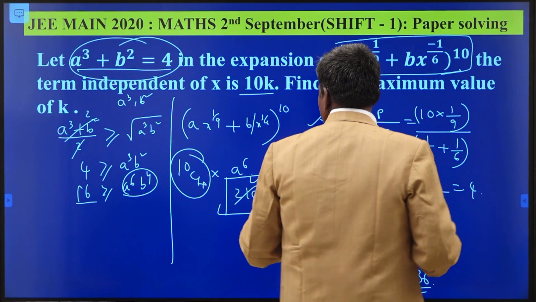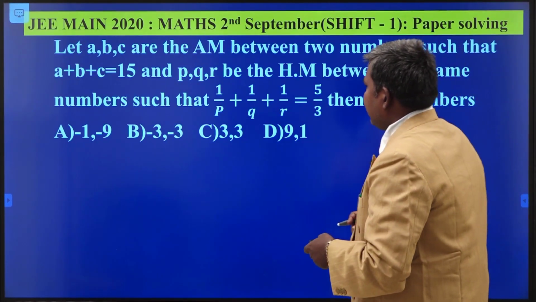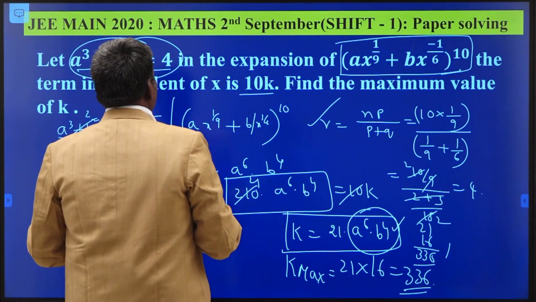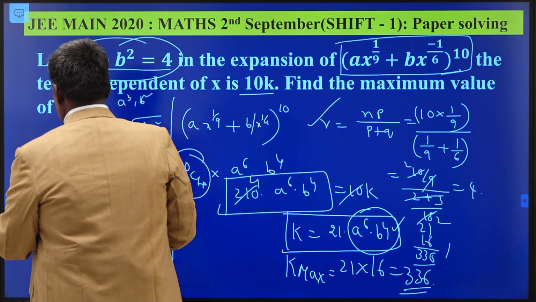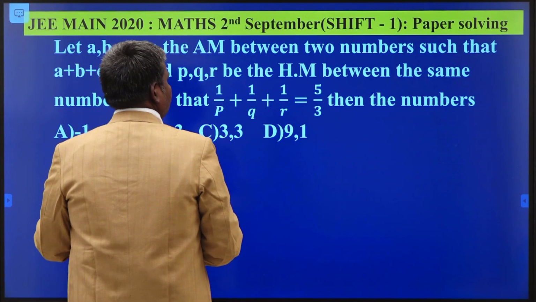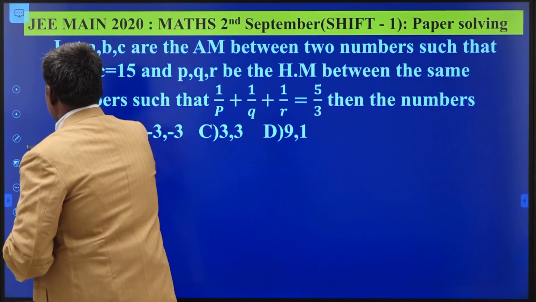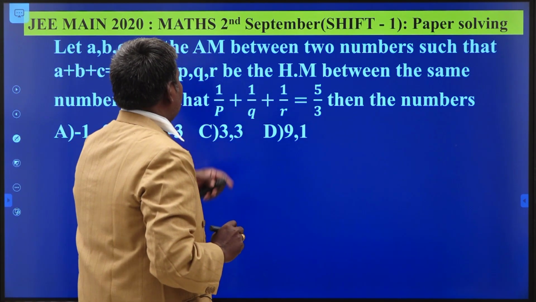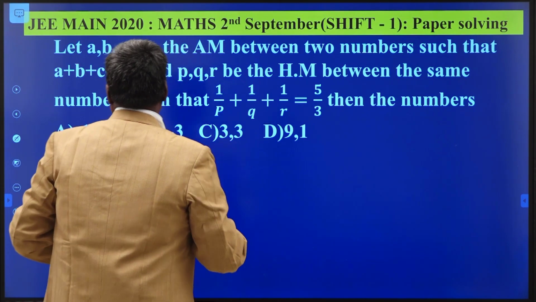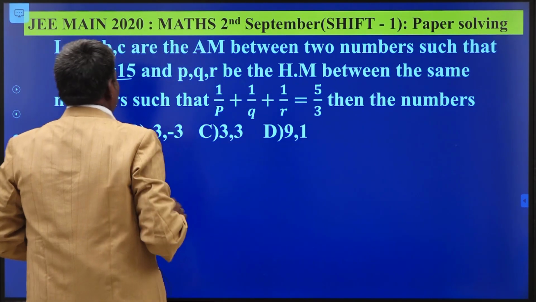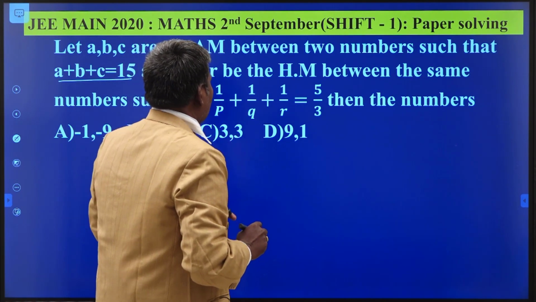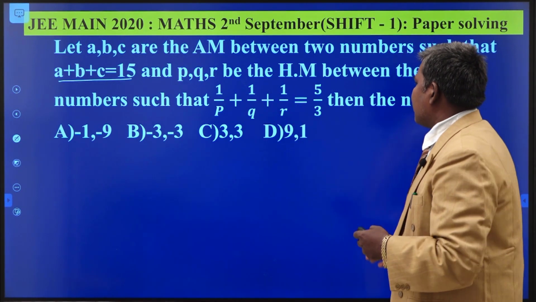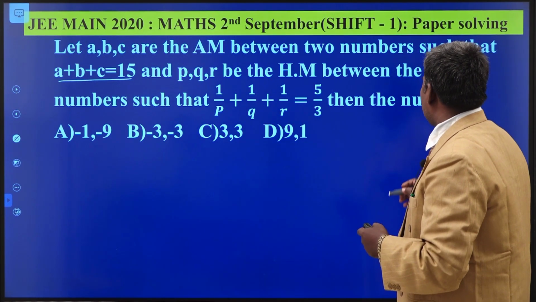So see the next question. A, B, C are the arithmetic means between two numbers such that a plus b plus c is equal to 15, and p, q, r are the harmonic means between the same numbers such that 1 by p plus 1 by q plus 1 by r is equal to 5 by 3.